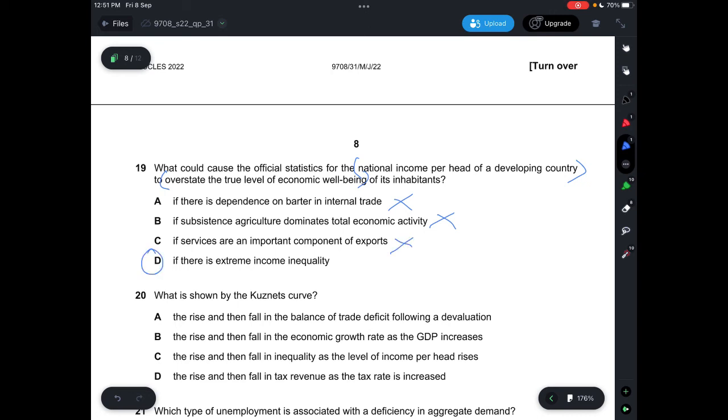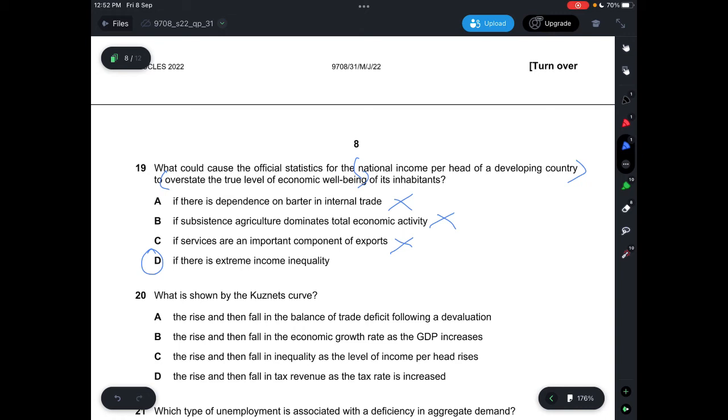Now, let's say the subsistence agriculture dominates total economic activity, then you will be able to determine the national income per head and also its true level of economic well-being of the inhabitants. So if you overstate it, that means that there is disparity. Even though there's a higher national income per head, that doesn't mean that everyone is enjoying that national income per head, right?